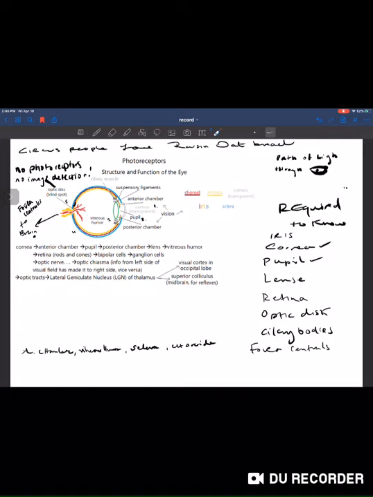It'll go through the lens where it's bent. It'll hit the retina or the back of the eye. And remember, the majority of the light focuses on the fovea centralis, which helps for visual acuity. And then we have the retina, which has photoreceptors that are sensitive to light.